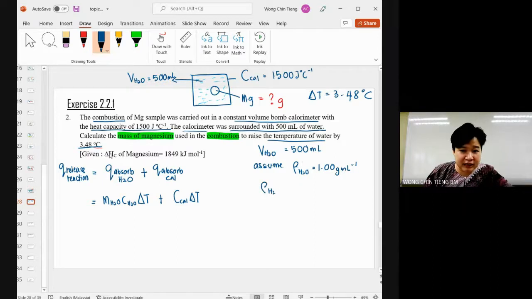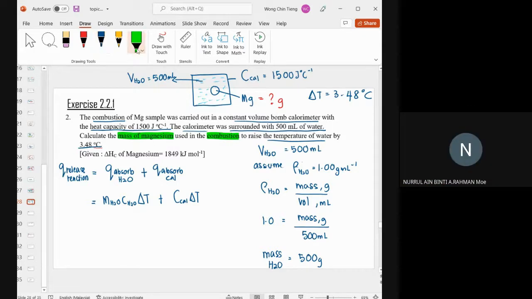So the density of water, if you remember, the unit is mass over volume in milliliter. So masukkanlah density 1, mass adalah yang kita nak cari. Alright, volume 500 milliliter. So from there, you can get the mass of water straight away, 500 gram. See that?